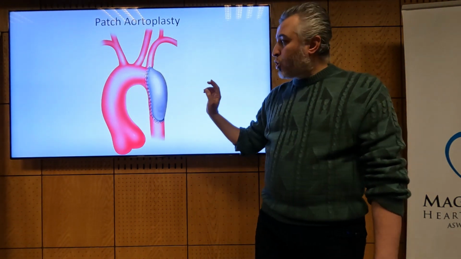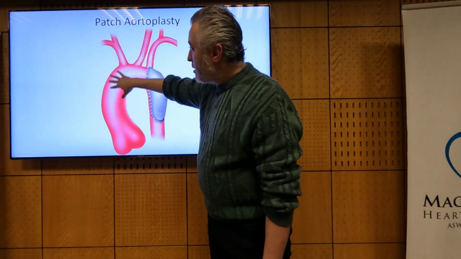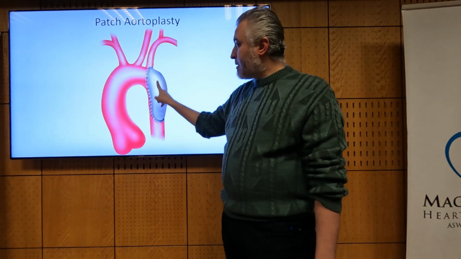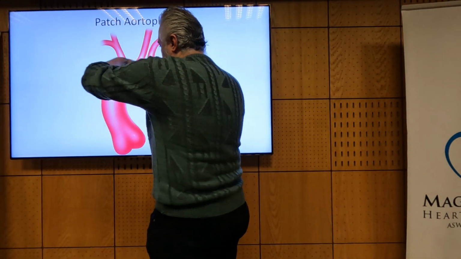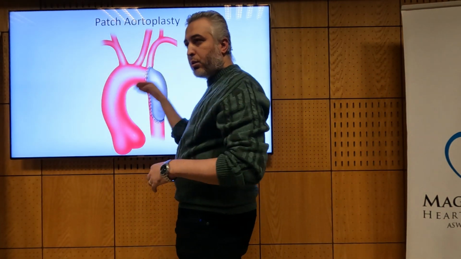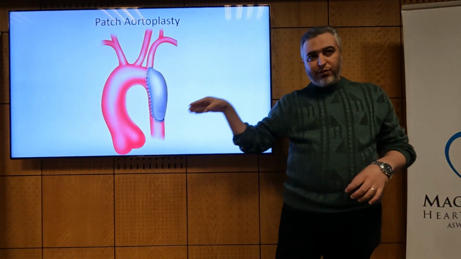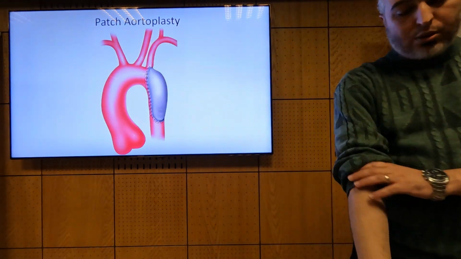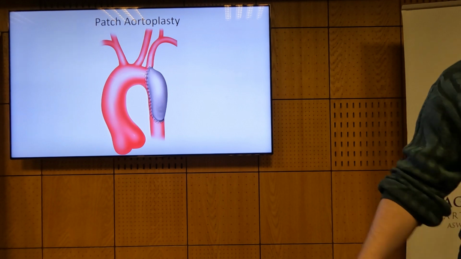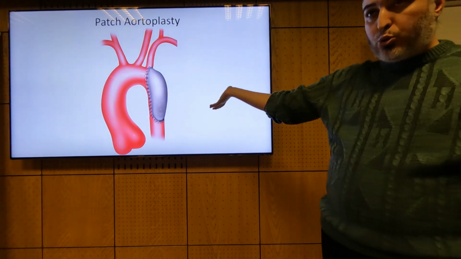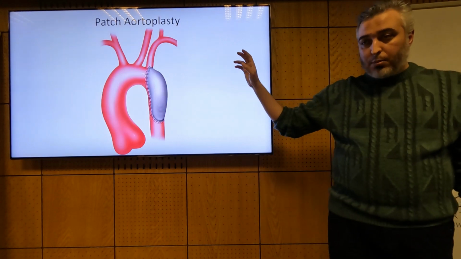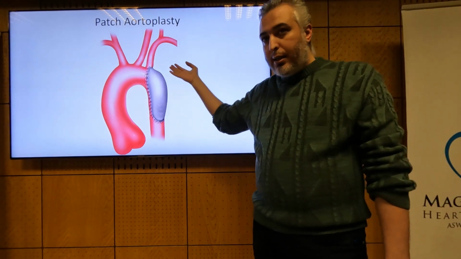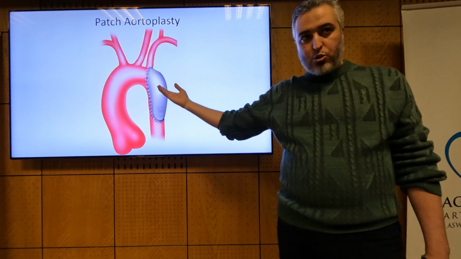It might very well be because the aortic wall is elastic, while this synthetic patch is not elastic, and then blood will just hit the part in front of the aorta till they develop aneurysms. So again, patch aortoplasty is an easy procedure, very effective in relieving obstruction, but on the other hand, it does not grow, and there's a high incidence of aneurysms and pseudoaneurysms.